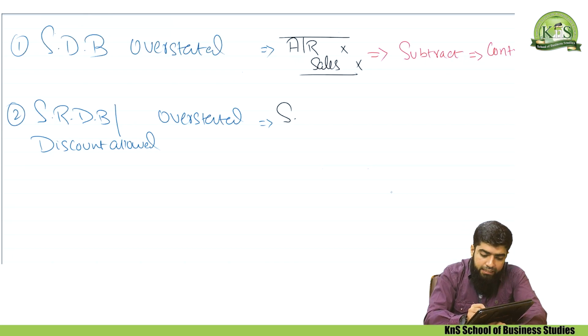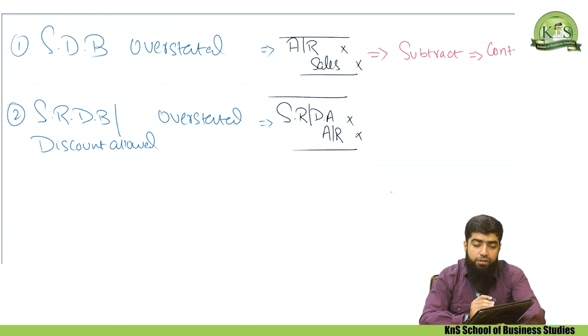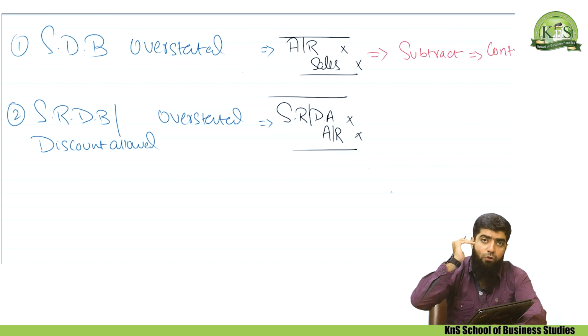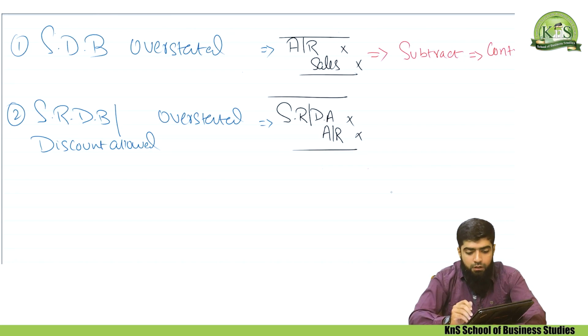Sales return or discount allowed should have been debited and accounts receivable should have been credited. Now if you have recorded that entry with a higher amount, it is overstated.